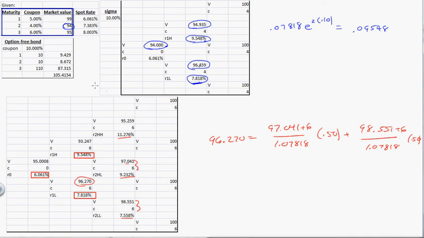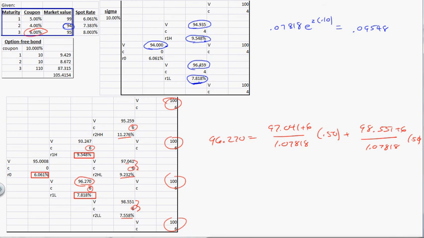Alright, so where does the 6 come from? This is a 6% coupon, which means it's going to pay me 6 regardless of going up or down the tree. It's going to pay me 6 each time, and there at the end I have the 106.